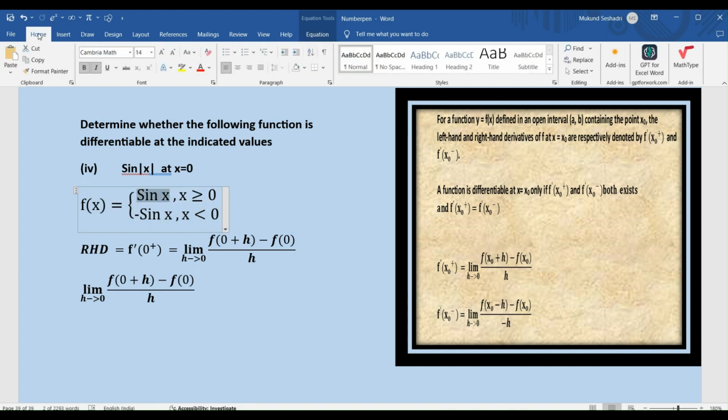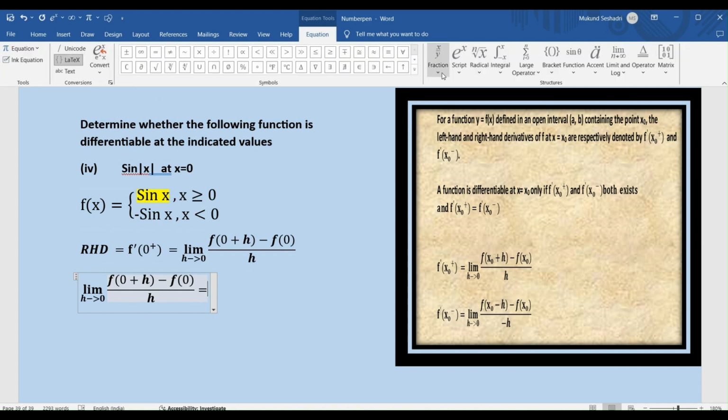And I will have to replace my x by 0 plus h, which is nothing but h. So my sine x becomes sine of 0 plus h, which is nothing but sine h. So this is the first part of the numerator.